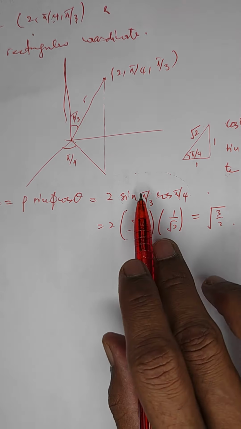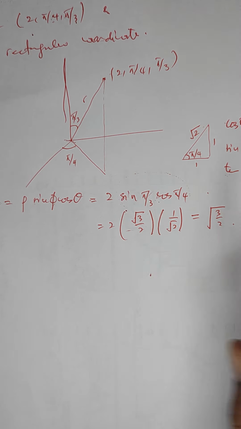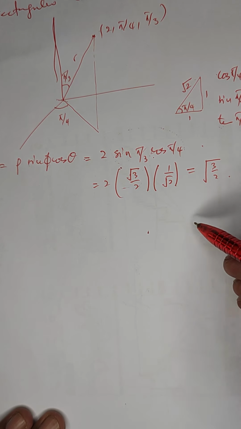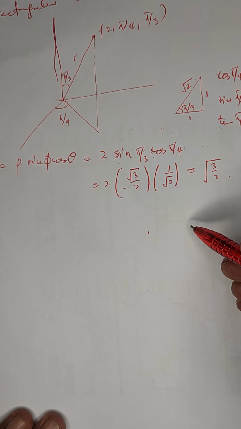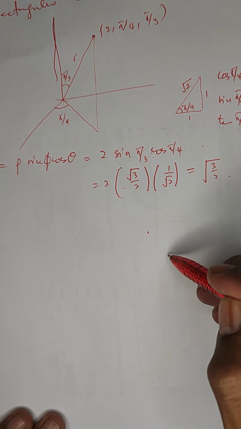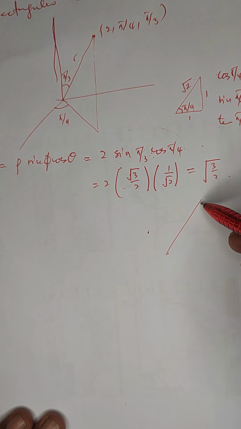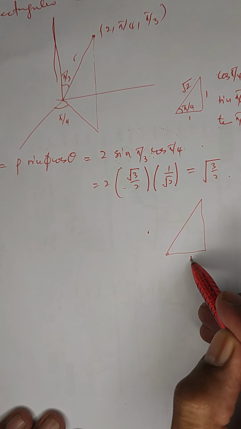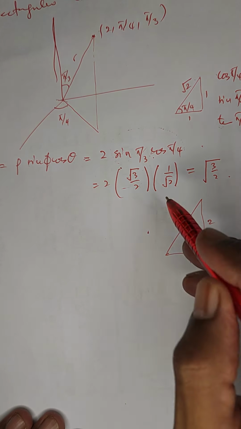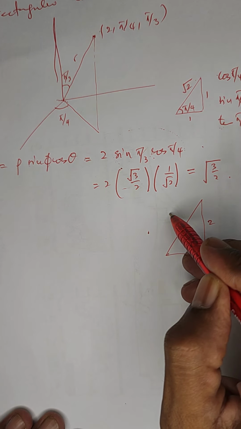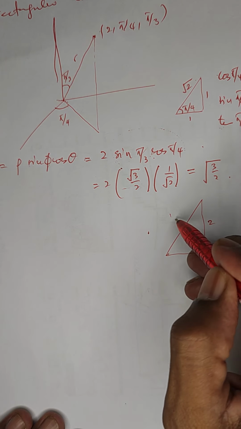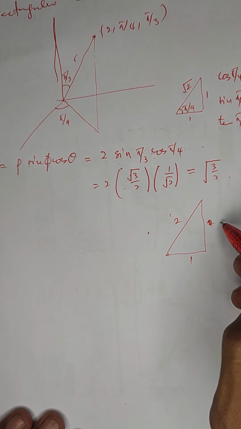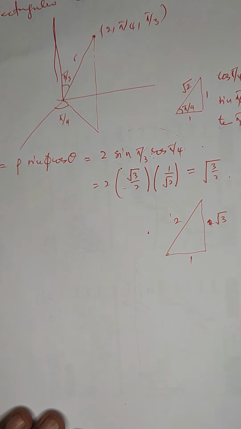What about pi over 3? Pi over 3 is 60 degrees, so we have a triangle with 1 here, 2 here, and square root 3 here.